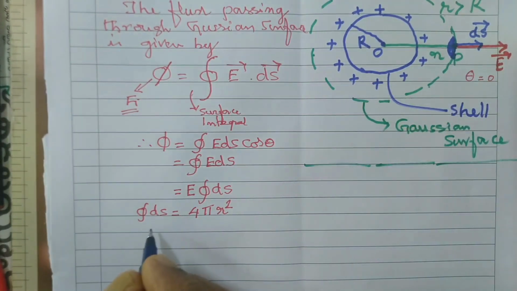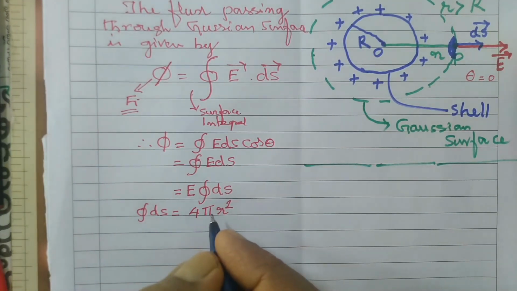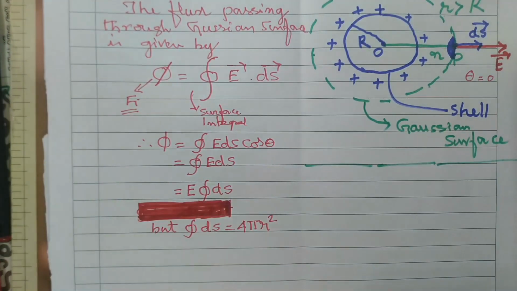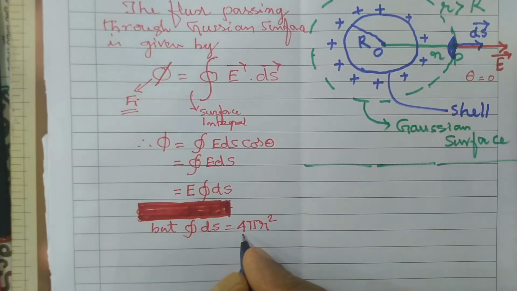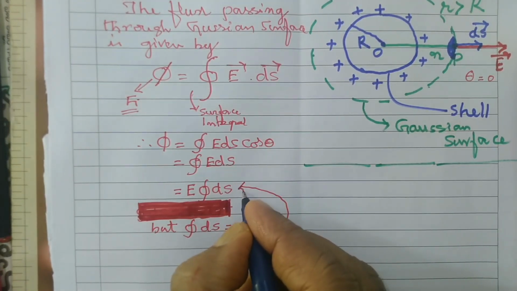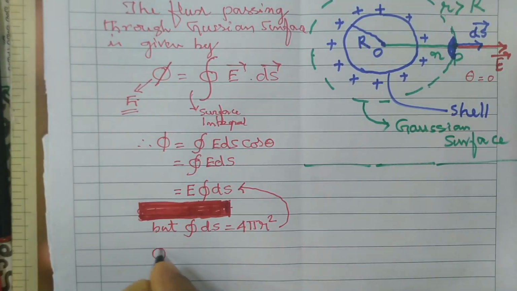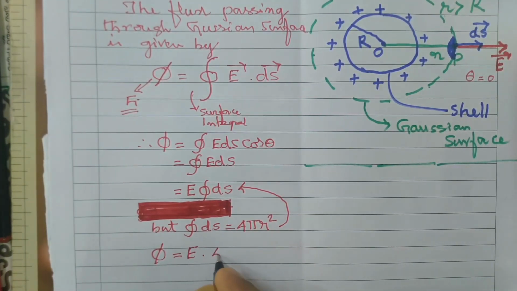So, phi is equal to E times surface integral ds, and as I explained, surface integral ds is equal to 4 pi r square. This I will substitute here. Then phi will be equal to E into 4 pi r square.